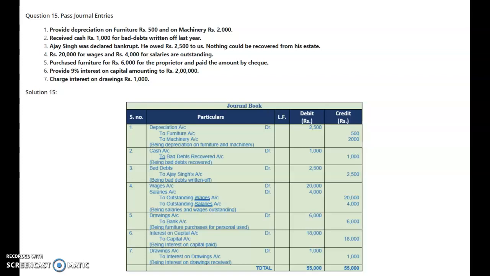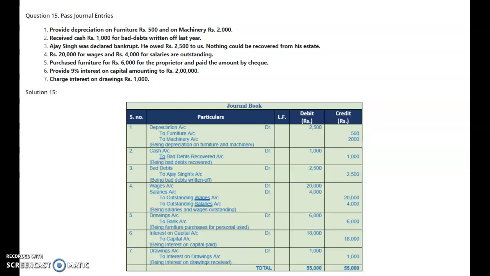In other questions, you would find the rate of depreciation is given and the duration is given. For example, provide depreciation on furniture at the rate of 10% per annum for 3 months. You have to calculate the amount of depreciation by applying a simple formula, like you calculate simple interest, that is principal into rate into time period.